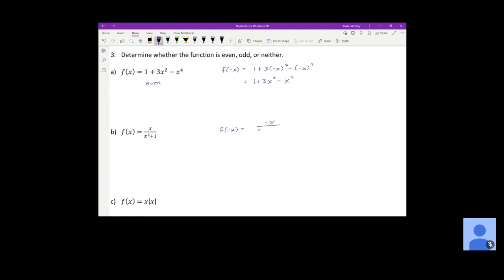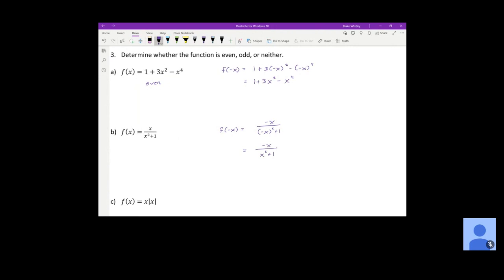All right, so we're going to have negative x over negative x squared plus 1. So now if we simplify that, what are we going to get? Good. So we have a negative x in the numerator. The negative x squared in the denominator becomes positive x squared, and then we have our plus 1.